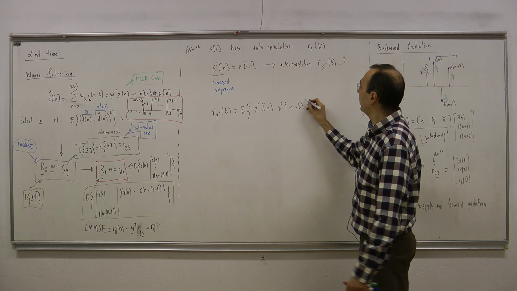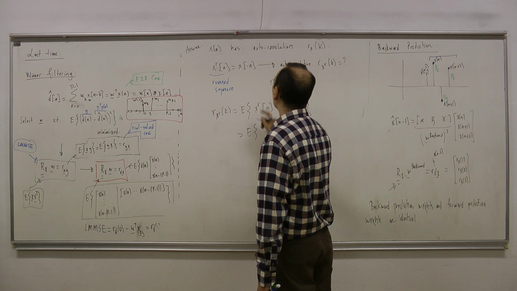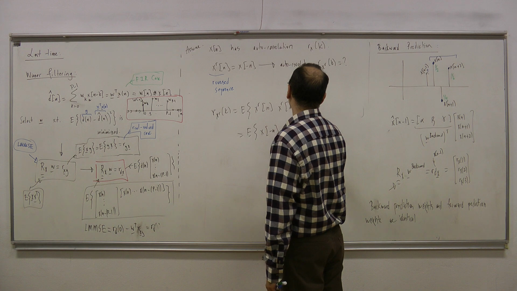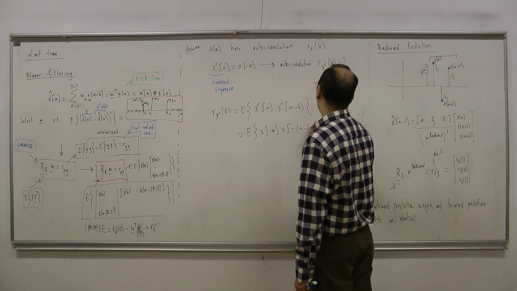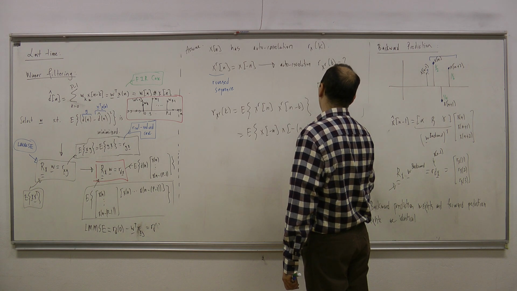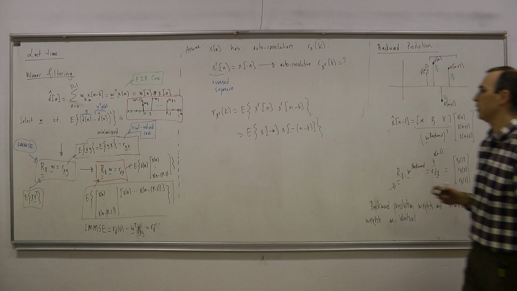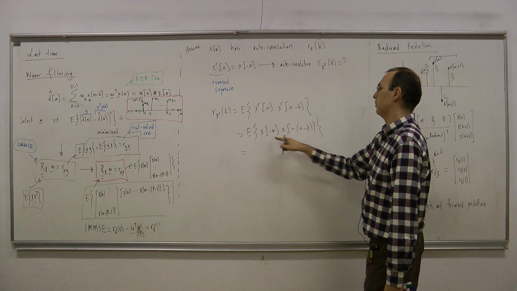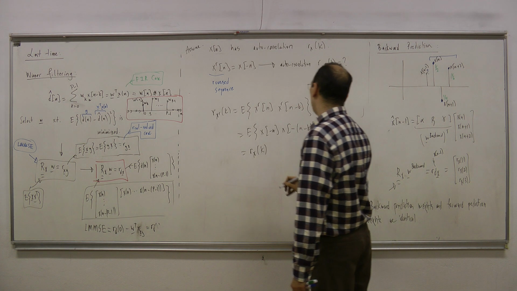Okay. Then I have applied this. x of minus n, x of, I have minus n minus k. Okay. That is it. So what is the difference in between samples? Rx of k.